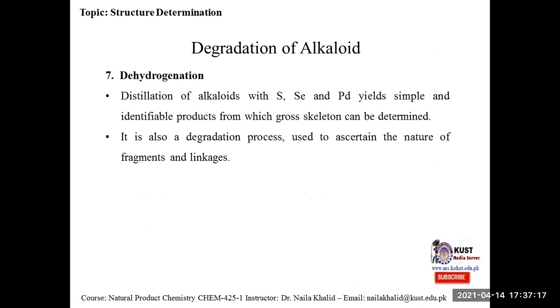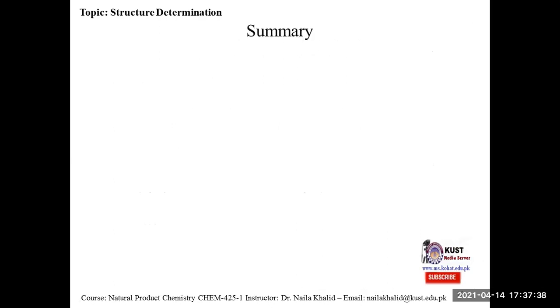Dehydrogenation is the last degradation technique. You can carry out dehydrogenation of an alkaloid in the presence of sulfur, selenium, and palladium, and it gives you identifiable products. It is also a very good degradation technique, used to ascertain the nature of fragments and linkages.